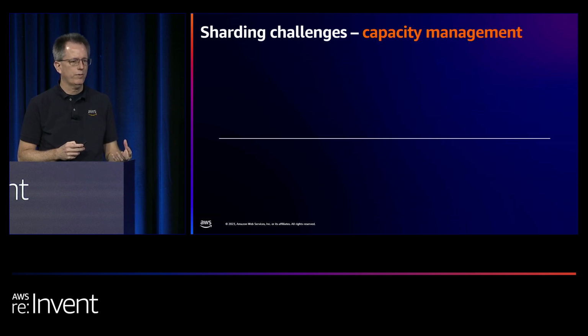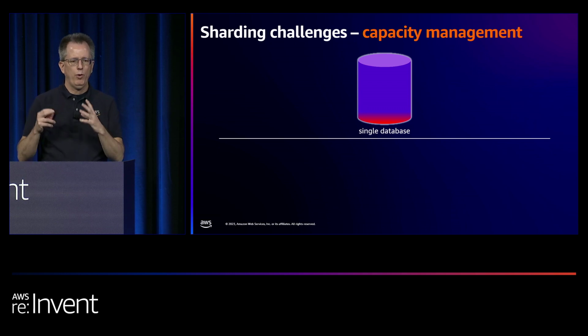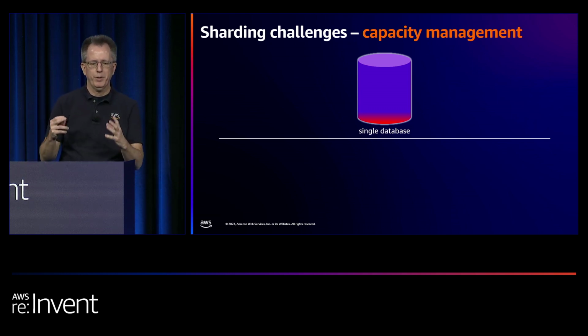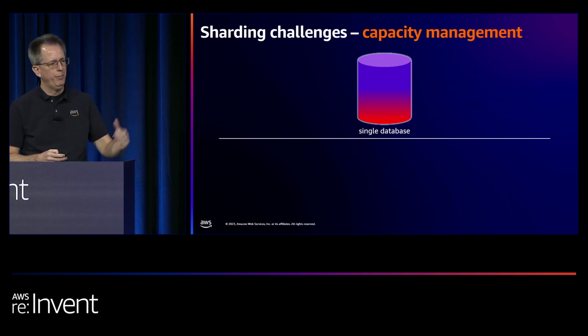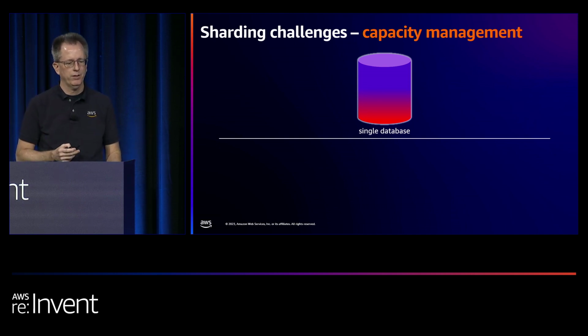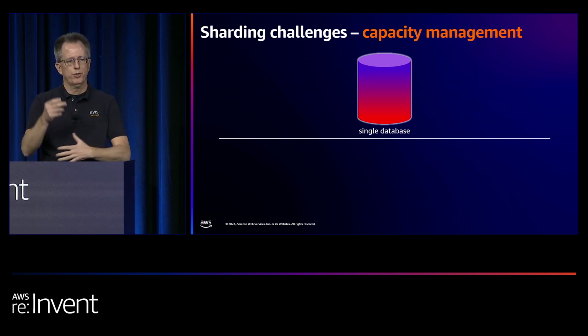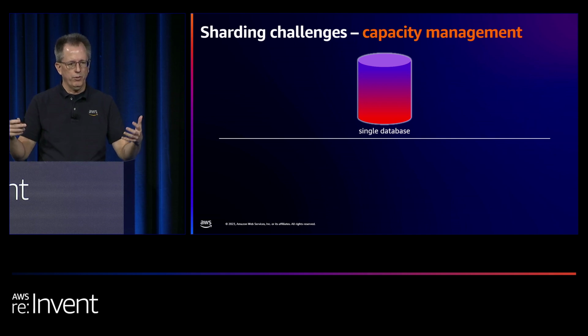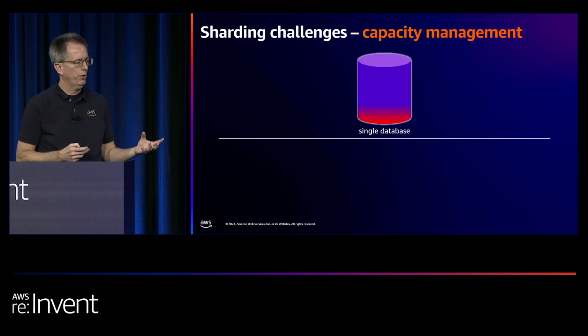And the other one that's a little harder is capacity management. When you had that one big database, you can think of it as a very big container. So as the heat goes up and down during the day or fluctuates seasonally, you have this big container to absorb that load and fit those waves of demand together. Even when it gets smaller, it's fine.